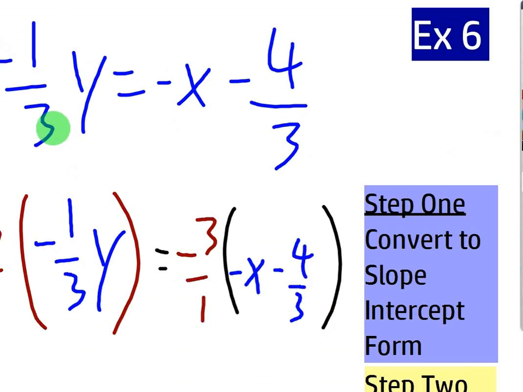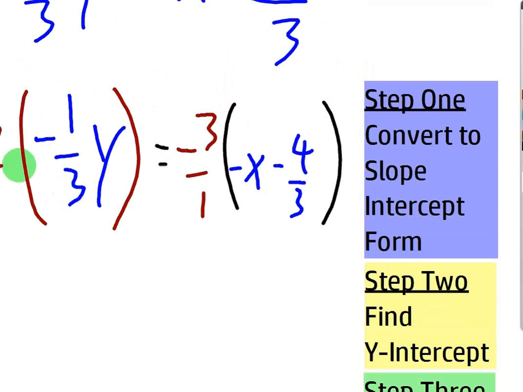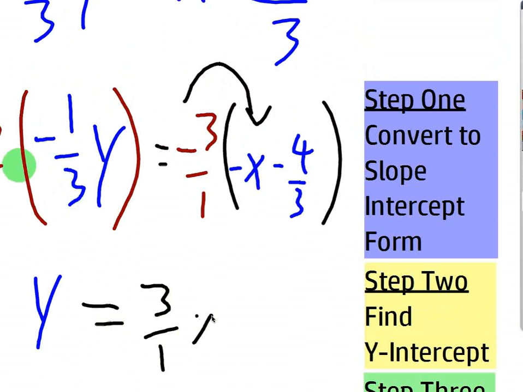On the left, that's going to cancel because anything times its reciprocal is 1. So on the left, we're just going to have y. And on the right, we have to do the -3 times -x. What is that? 3/1. Yeah.